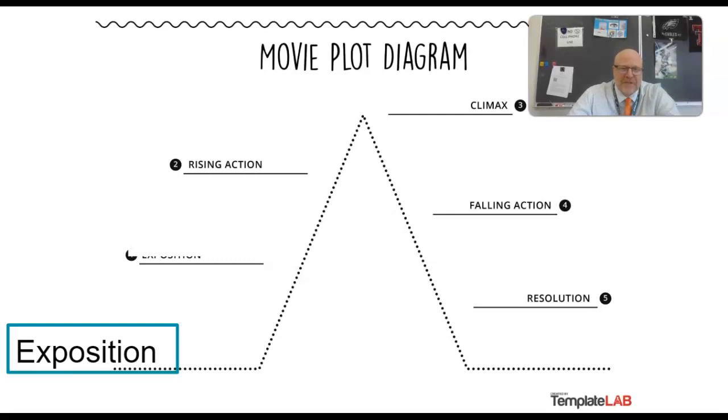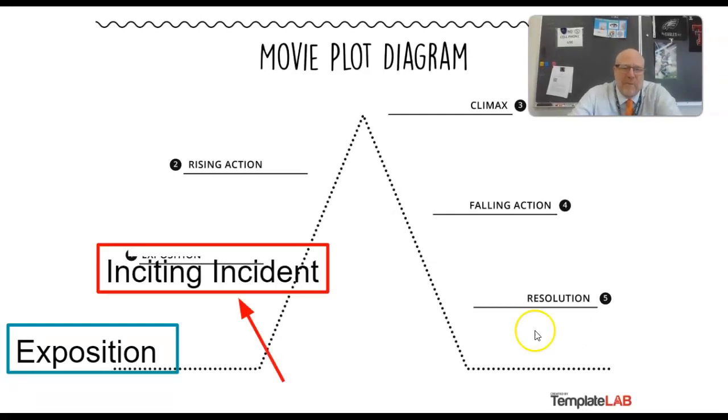The exposition, I'm going to define all these in a minute. But one thing I want to point out, the inciting incident. We kind of learned a little background, and this is where the conflict first gets introduced to the reader. It's that event that starts the character on their journey. Without this, we have no real basis of a story.